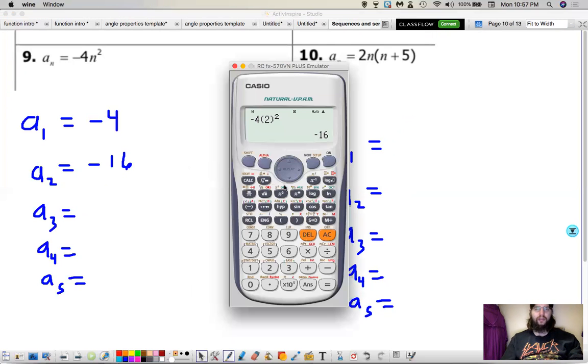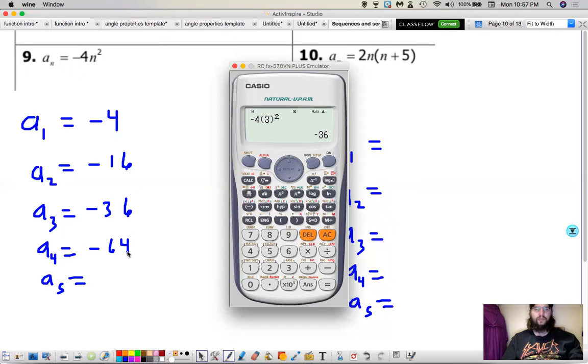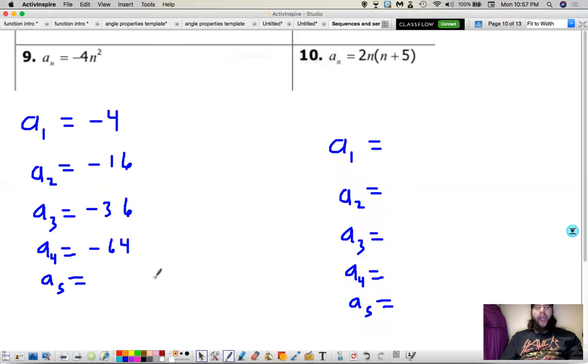If I plug in 3, 36. Plug in 4, negative 64. Plug in 5. There we go. That's the first 5 terms. Yay.